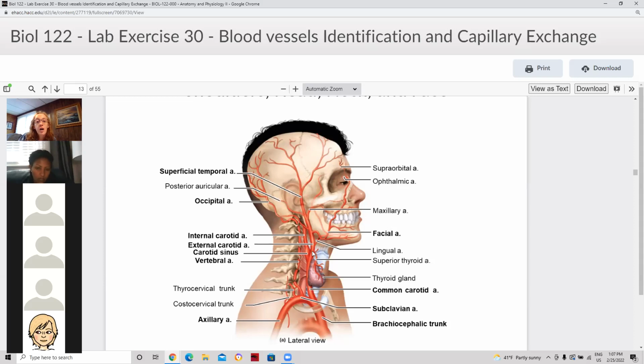Here. External carotid artery becoming the facial artery, which then is going to become the superficial temporal artery. The carotid sinus, where the external and internal carotid arteries are going to merge from that common carotid artery.